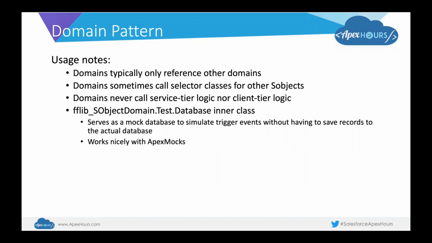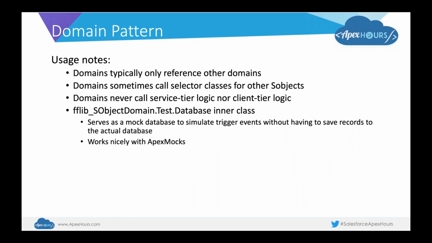One other thing to be mindful of is if you really want to take an in-depth look at this, take an in-depth look at that core parent class called SObjectDomain. Because what you will find in it is a very interesting hidden gem, which is the Test inner class and the Database inner class. What this really is, is an in-memory mock database.